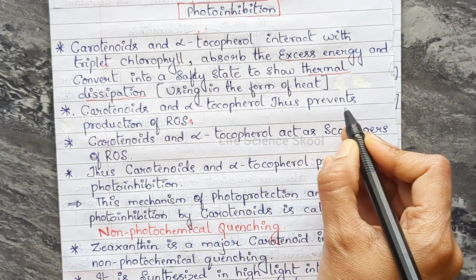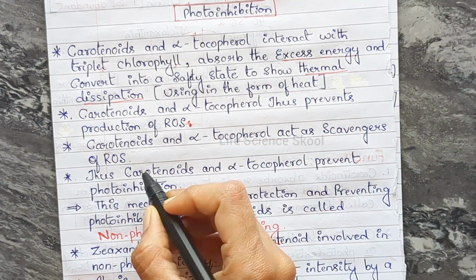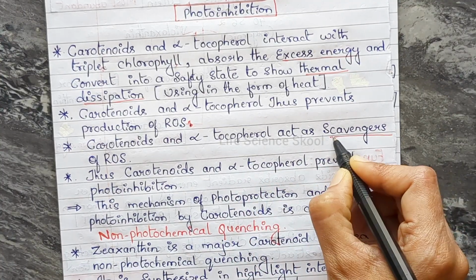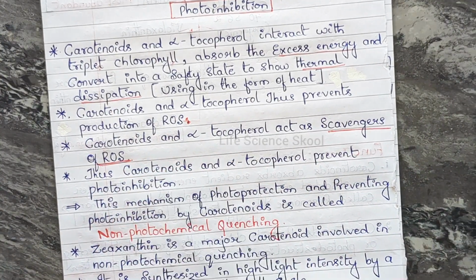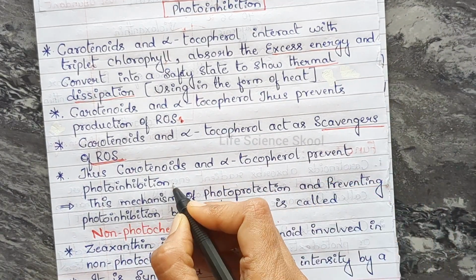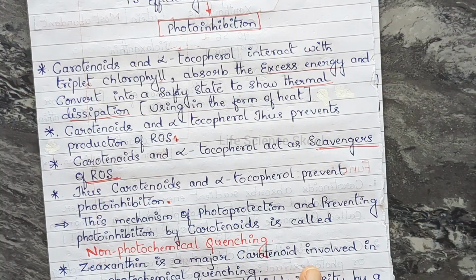Carotenoids and alpha tocopherols thus prevent the production of ROS, and they act as scavengers of ROS. Thus, carotenoids and alpha tocopherol prevent the photoinhibition. That's what I have just explained.